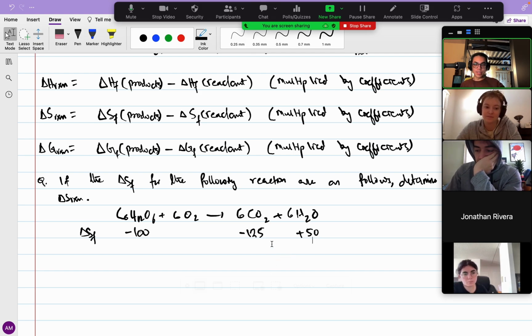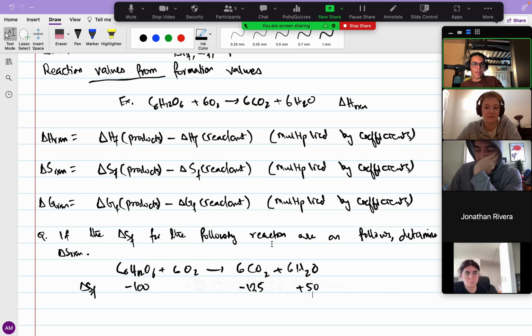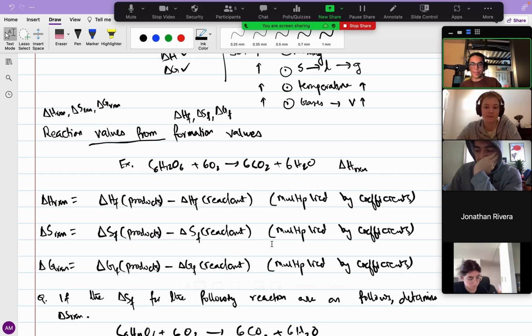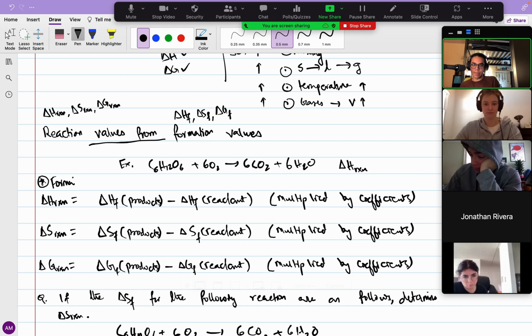If you notice, you'll see that I haven't given you a value for one of the species, and that's because that's something you can figure out on your own. And so let me go back up here and write down that the formation values, as a remark, for elements is always 0.